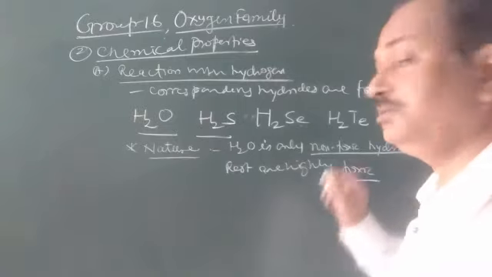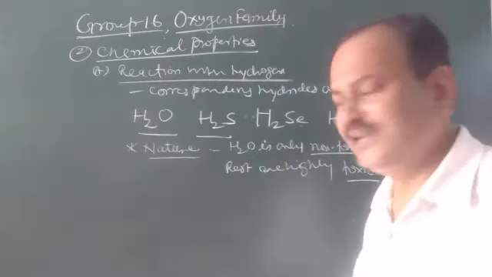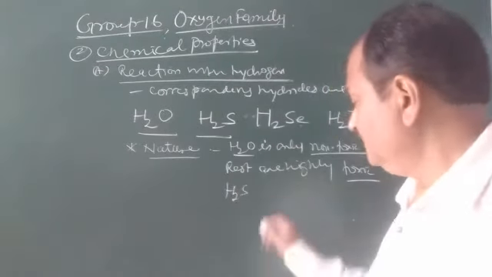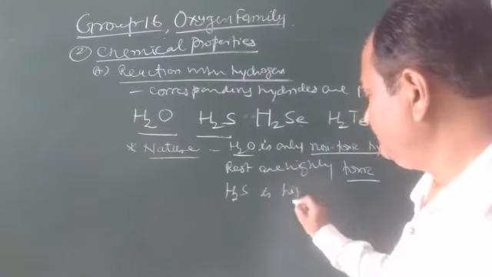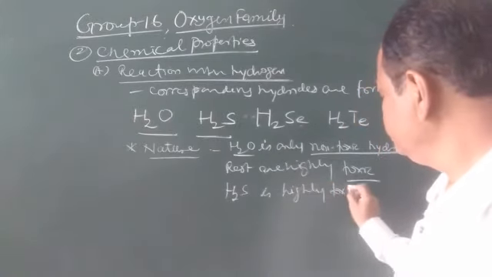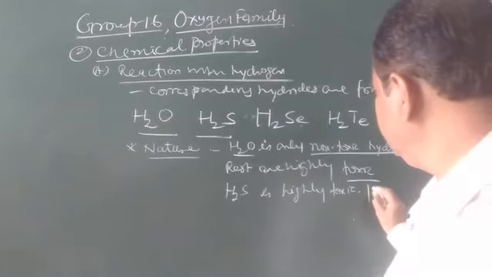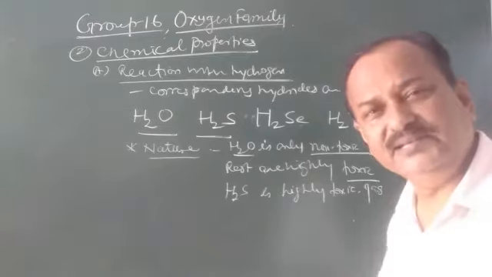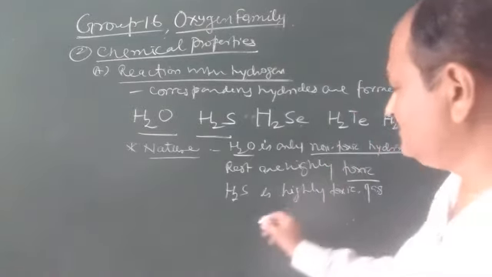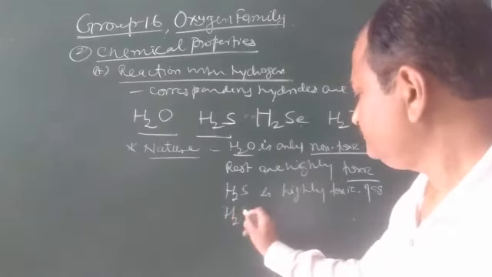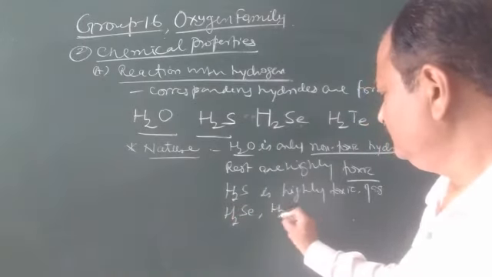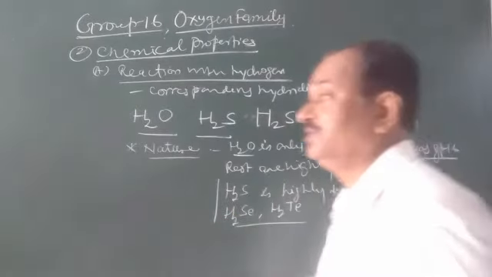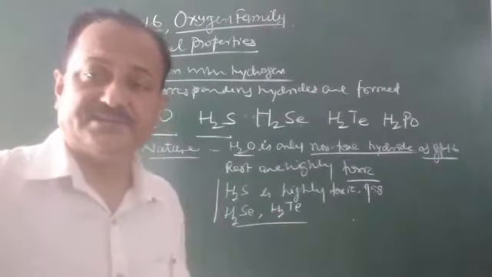H2S is a gas, while water is a liquid. H2S is a highly toxic gas, and it causes vomiting, irritation, etc. The rest, H2Se and H2Te, are all poisonous. So this is about the nature of the hydrides.